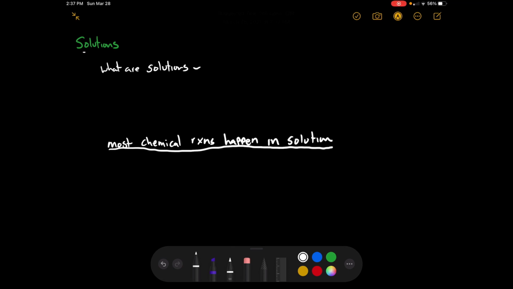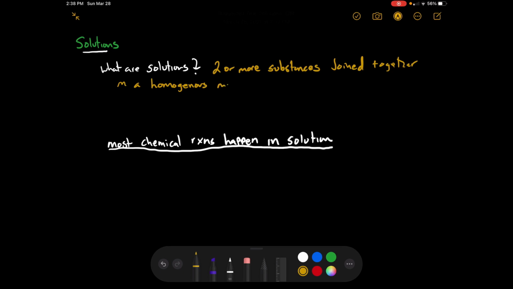So what are solutions? A solution is, and let me write this down, two or more substances joined together in a homogeneous mixture.